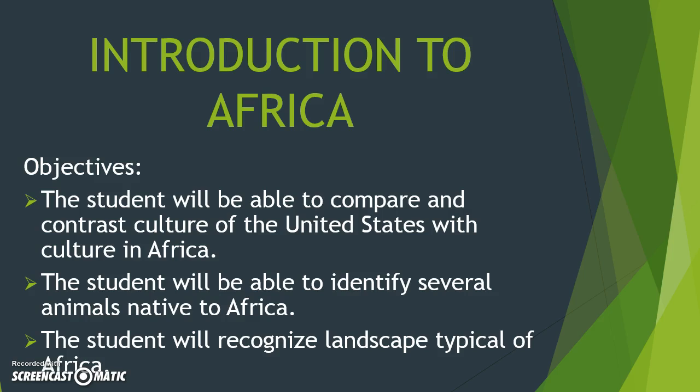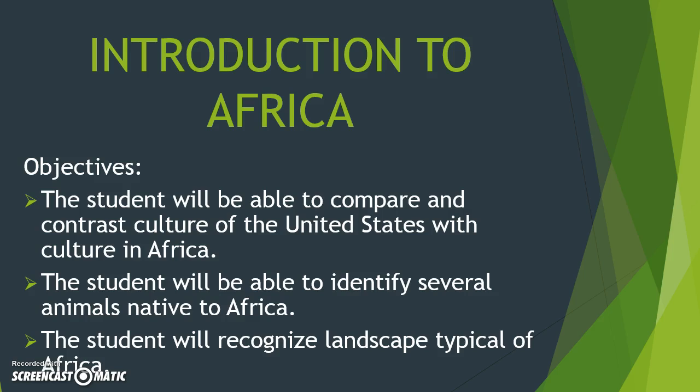We talked about the differences in what children wear, the songs that they sing. Those were some things that could be compared and contrasted in the two cultures. It also says that the students will be able to identify several animals native to Africa. Let's see if we can name some of those animals. There's elephants and lions and tigers and zebras. And I'm sure that you can name a few too.